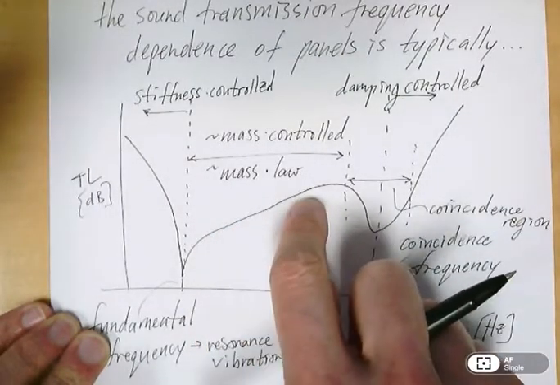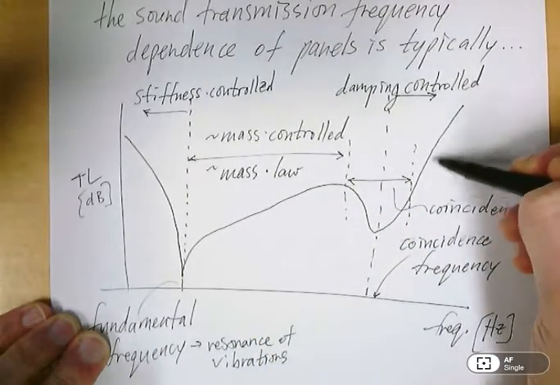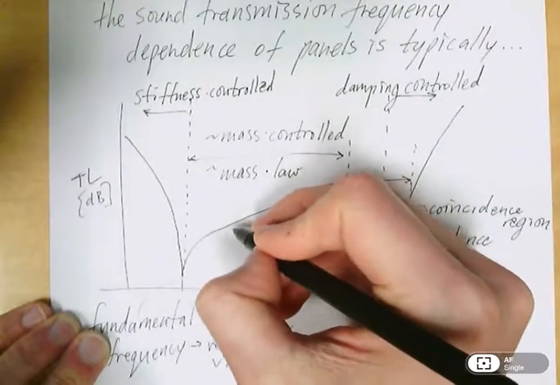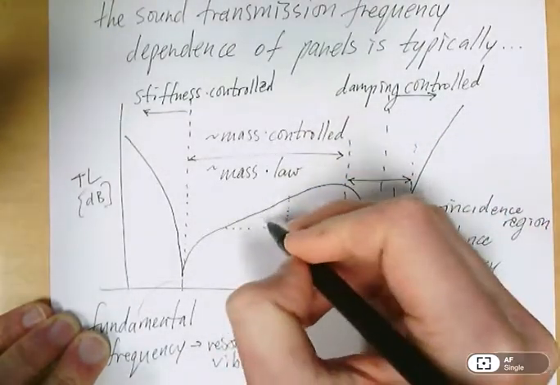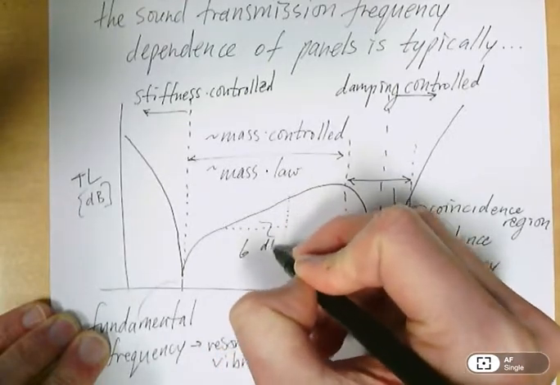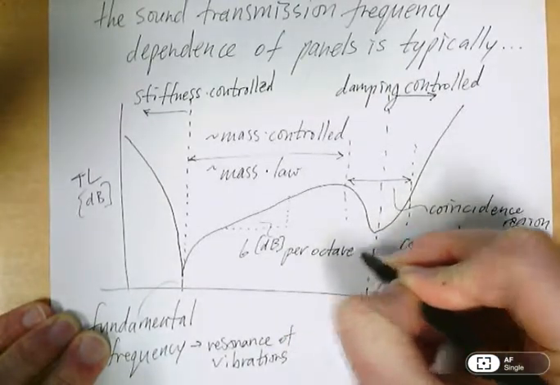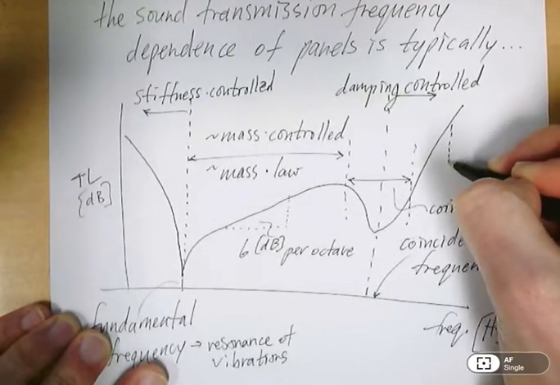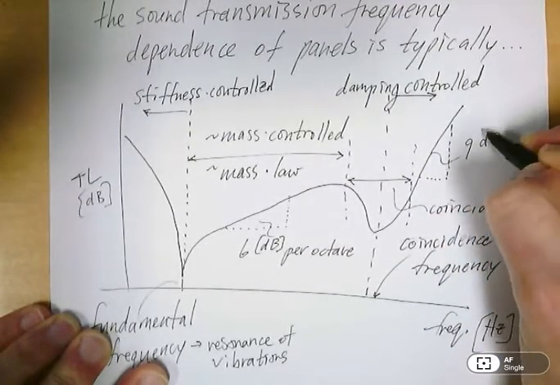Now, I've drawn the slope in the mass controlled region and the slope in the damping controlled region differently for good reason, because in the mass controlled region the rate of change is around 6 decibels per octave, where we recall that an octave is a doubling of frequency. This contrasts with the slope in the damping controlled region, which was around 9 decibels per octave.